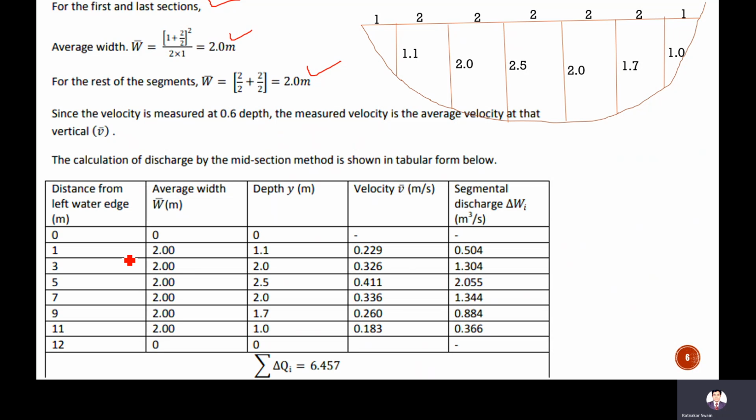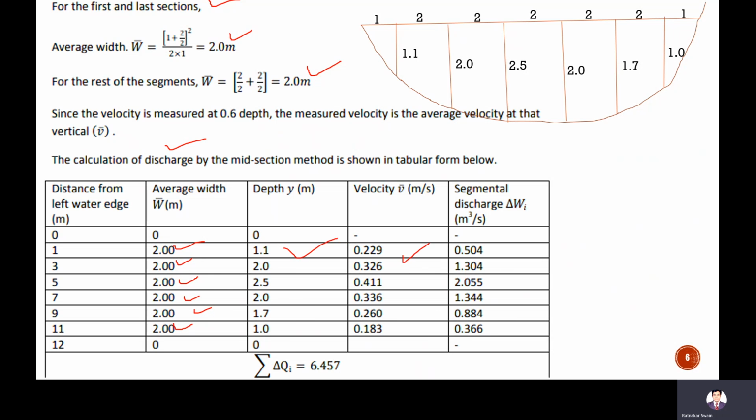This is the calculation of discharge. Here the average width will be calculated. For the first section that is 2, for the last section 2, for the intermediate sections 2, 2, 2, 2. Depth is given, and velocity we calculated using that formula.